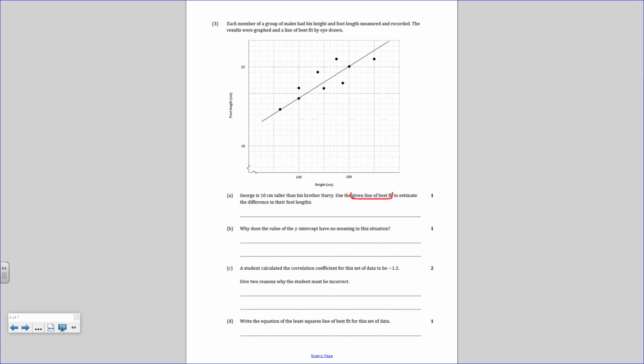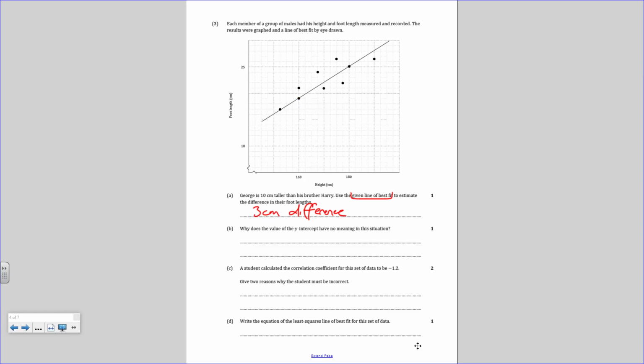So what we're saying here is, if we just choose any 2 points on the line, maybe this point and this point, we see that they are 10 centimeters apart, right? And then the difference in foot length between these two. So this person is 22, this person is 25. So the difference would be 3 centimeters difference. Okay? And the idea is, it doesn't matter which 2 points you choose. If I choose here and here, they're still 10 centimeters apart, and there's still 3 centimeters difference.